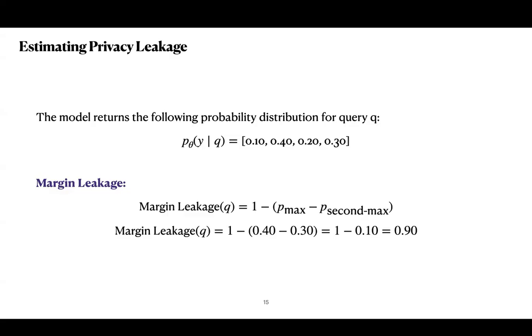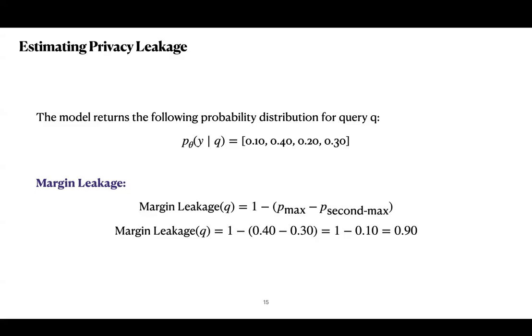It is measured as 1 minus the maximum probability predicted minus the second maximum. This gap between the two probabilities shows how confident the model is for the given data, and this notion of confidence gives us a sense of where the decision boundary is drawn.